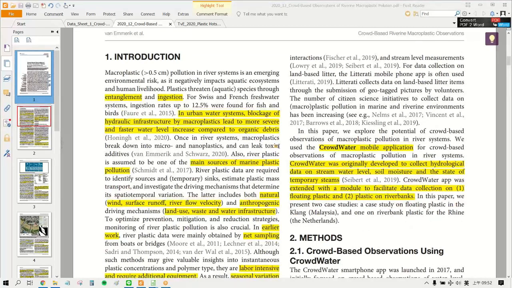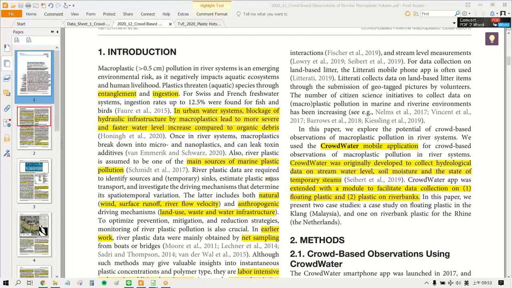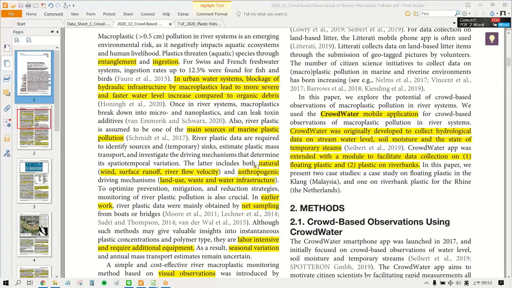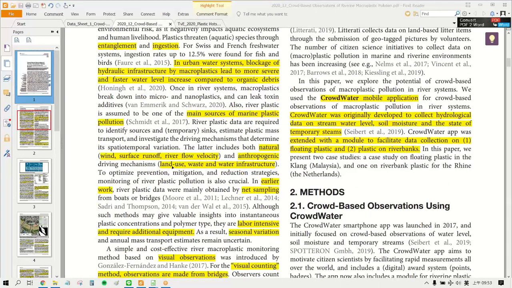And river plastic is assumed to be a main source of marine plastic pollution. But the mechanism, the drivers, may include natural drivers like wind, surface runoff, river flow velocities, and anthropogenic drivers like land use, waste, and water infrastructures.